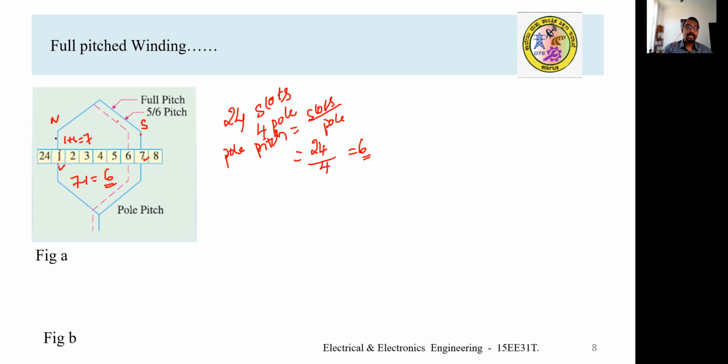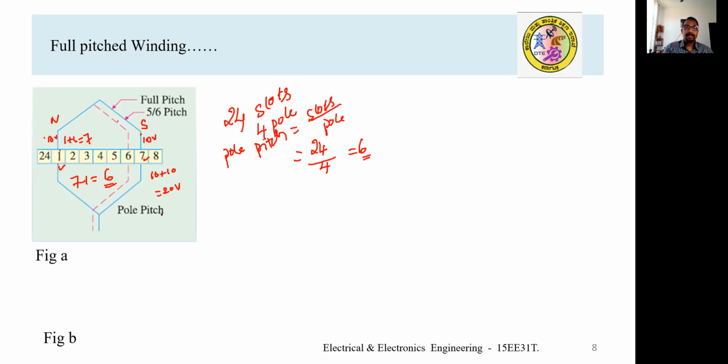If the voltage induced in slot number 1 is, for example, 10 volts, and the voltage induced in slot number 7 is also 10 volts, then the total induced EMF is 10 plus 10, which is equal to 20 volts.